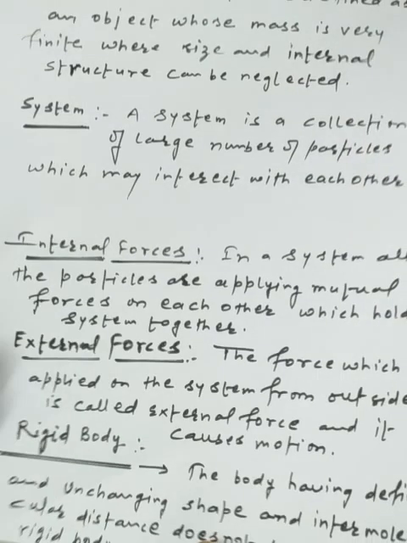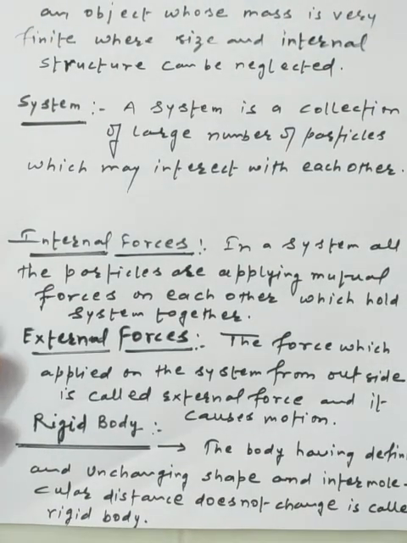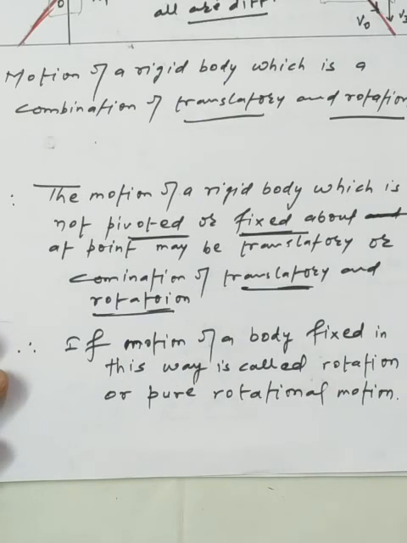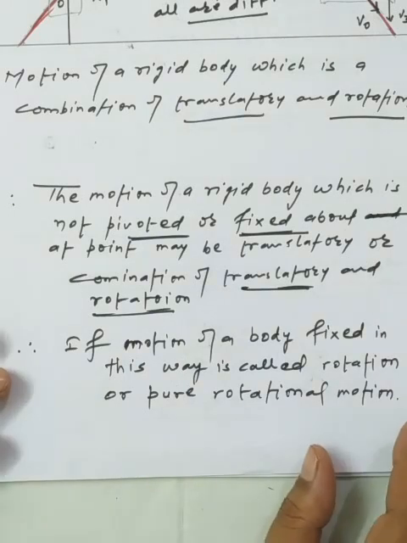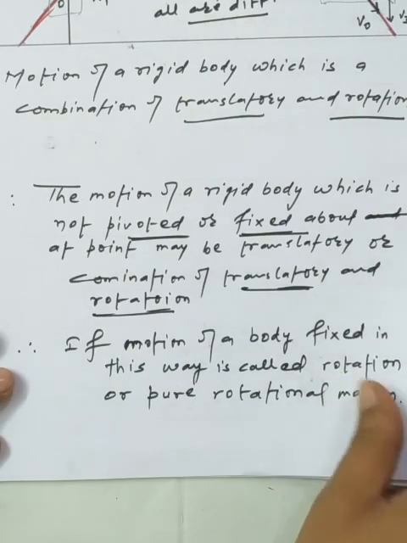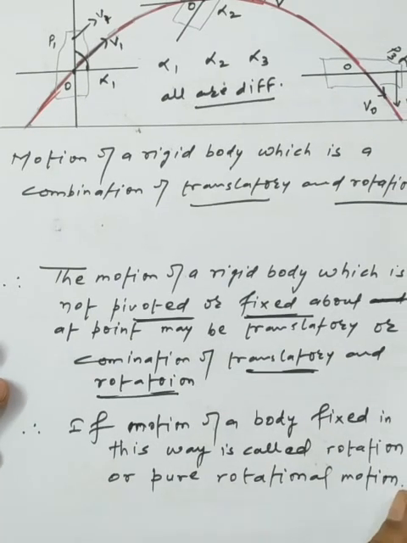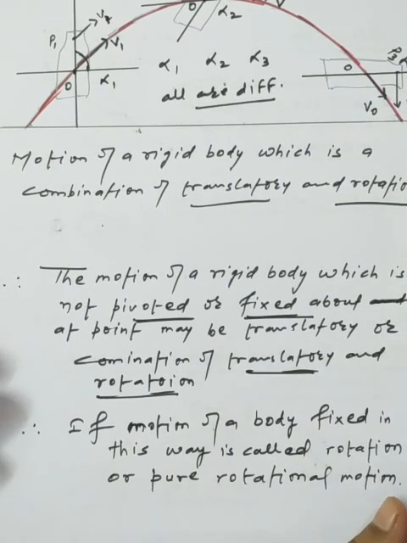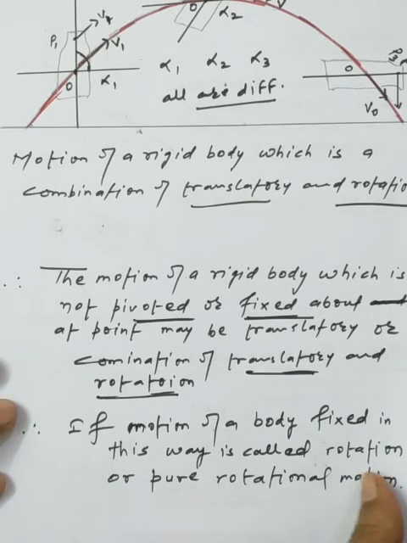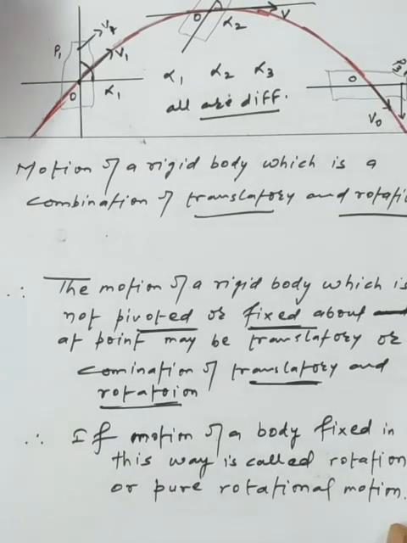Then internal forces, external forces, rigid body, and the types of motion of a rigid body: pure translation motion, translation with rotational motion, motion of a body about a fixed axis of rotation, and the motion of a rigid body about an axis of rotation which is not fixed. So we can make the basic difference in all the portions.